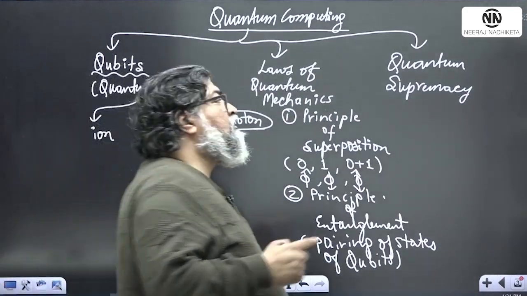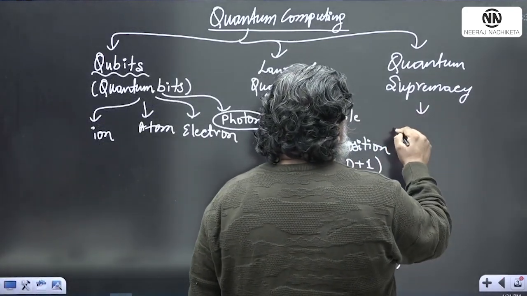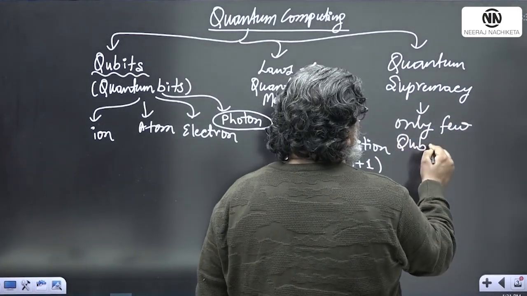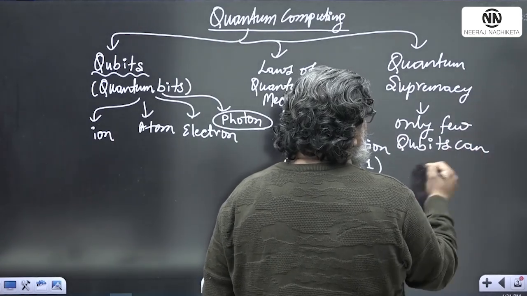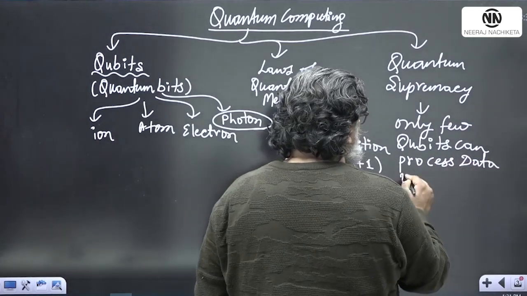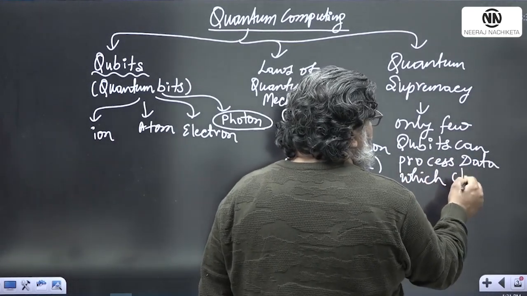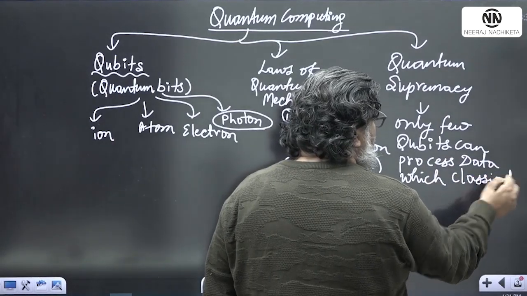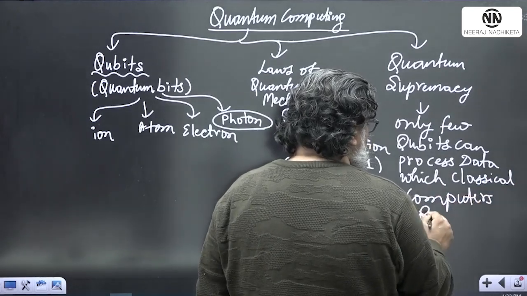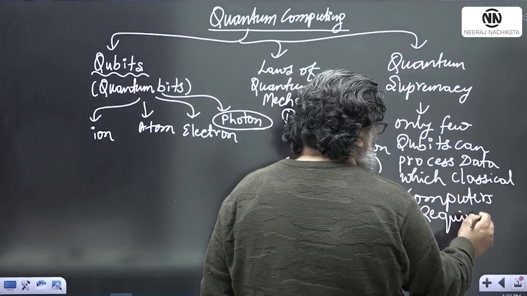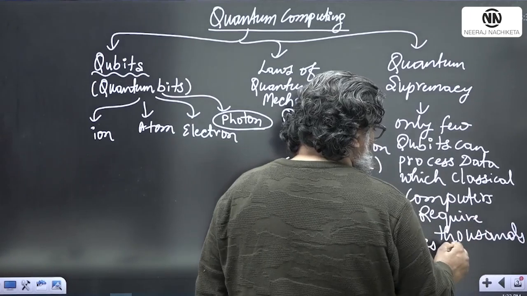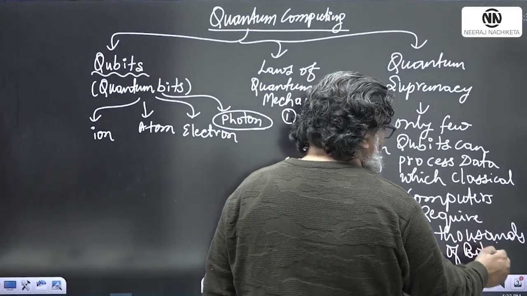What is supremacy here? Supremacy means only a few qubits can process data which classical computers require thousands of bits to solve.